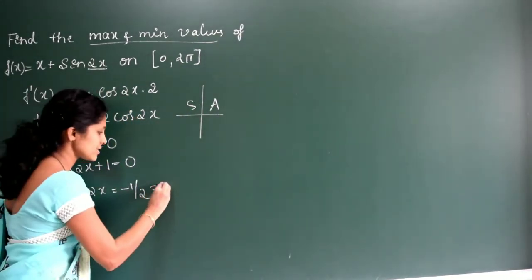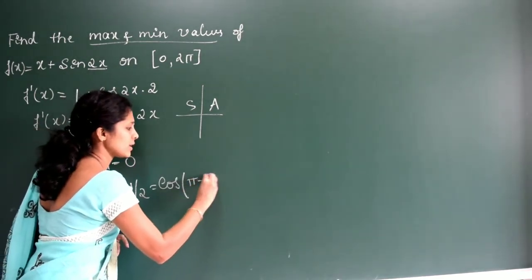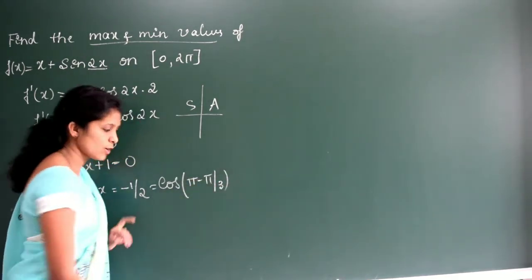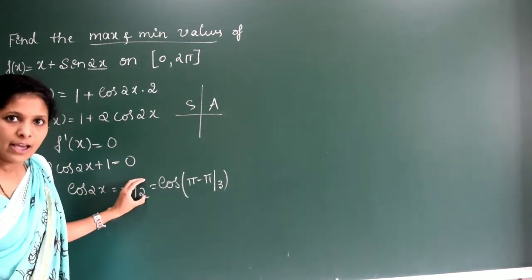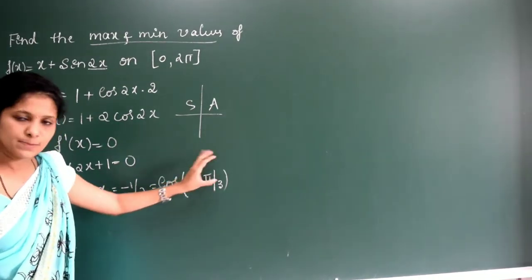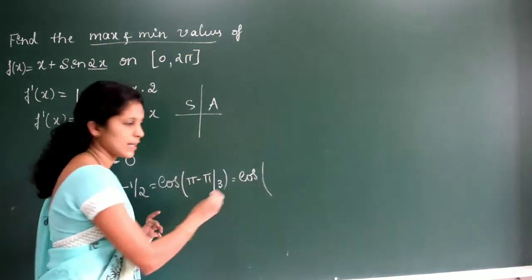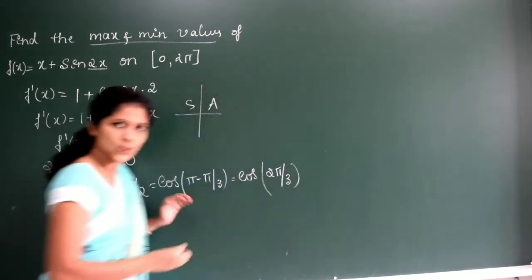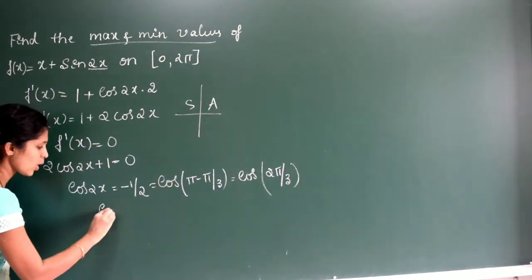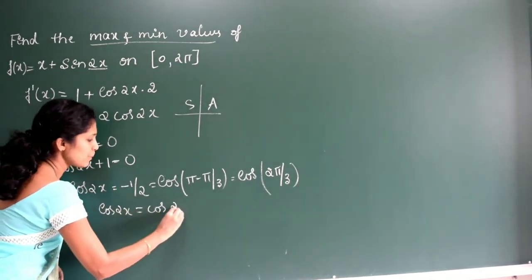So I can write this as cos of pi minus pi by 3, because cos pi by 3 will be 1 by 2. So cos of pi minus pi by 3, that is cos of 3 pi minus pi, will be equal to 2 pi by 3. Is it clear? So here what we got is cos 2x is equal to cos 2 pi by 3.